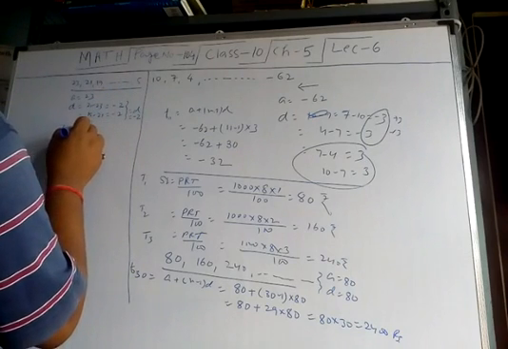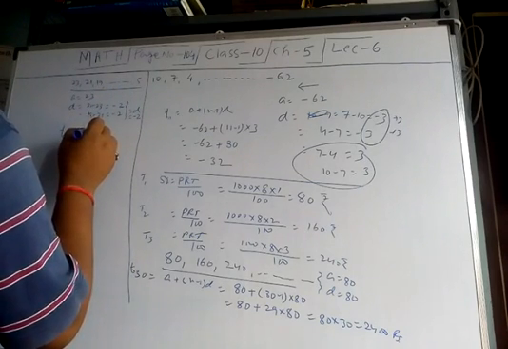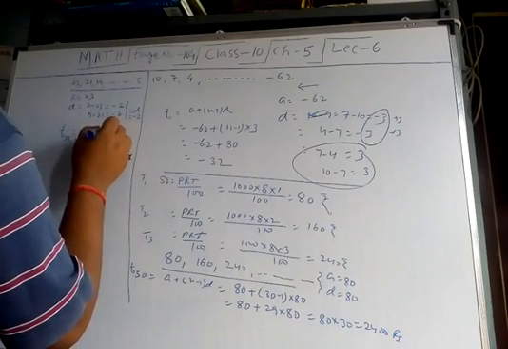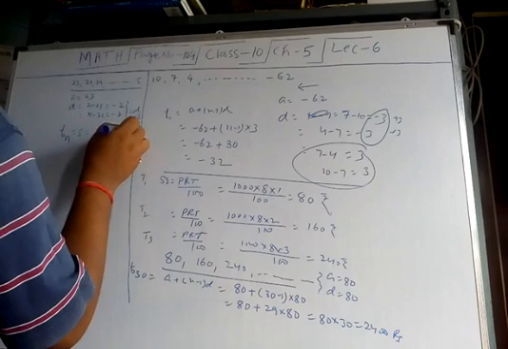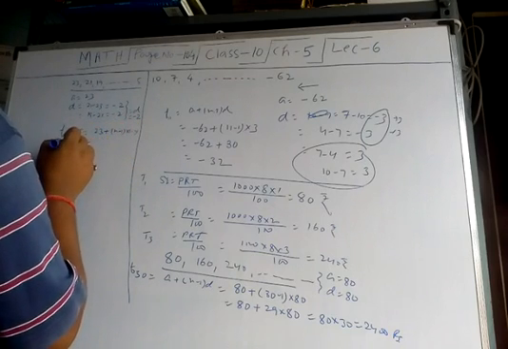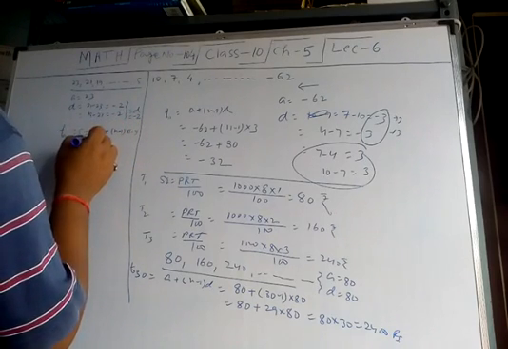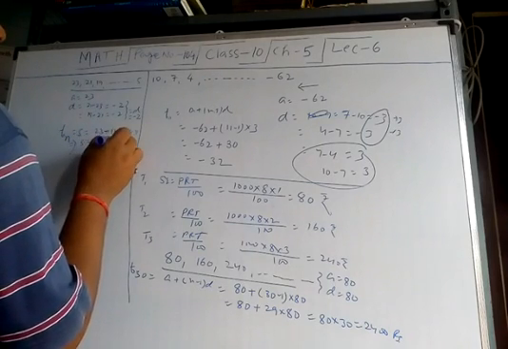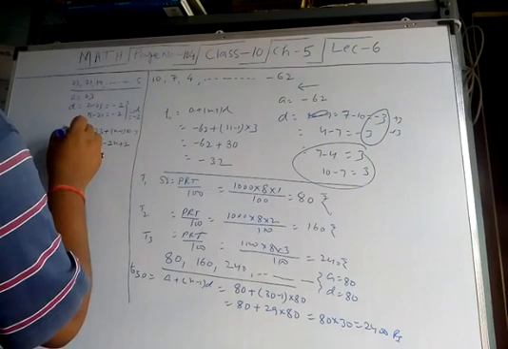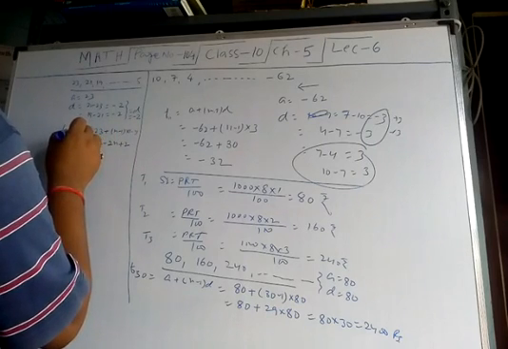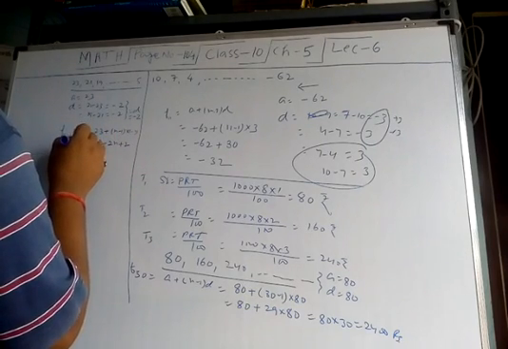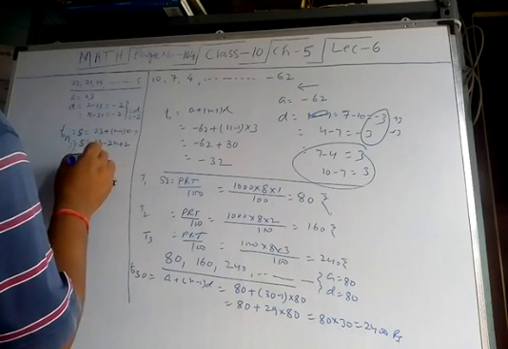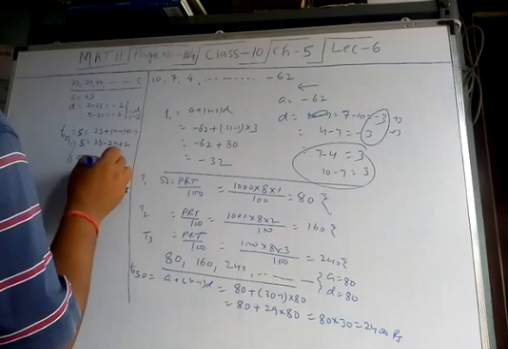So Tn is equal to 5, which is equal to 23 plus n minus 1 into minus 2. This implies 5 is equal to 23 minus 2n plus 2. This implies 5 is equal to 25 minus 2n.